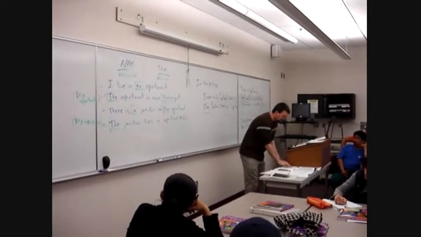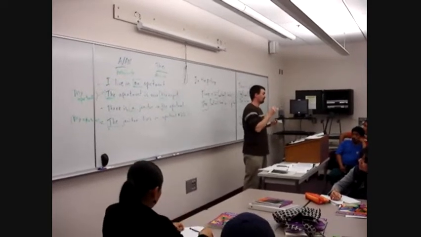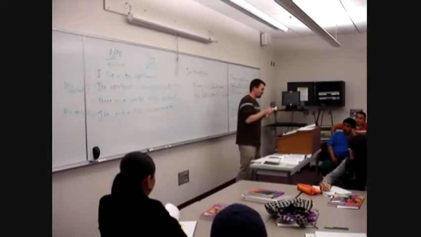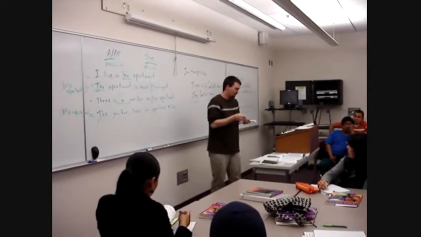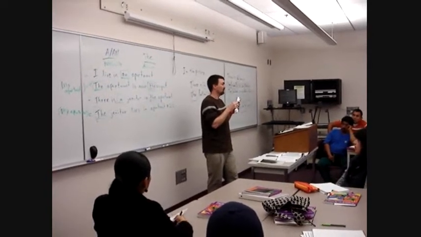I'm going to give each group some stories. There's some sentences written on these sentence strips, on these pieces of paper, and each one of these goes to a picture.